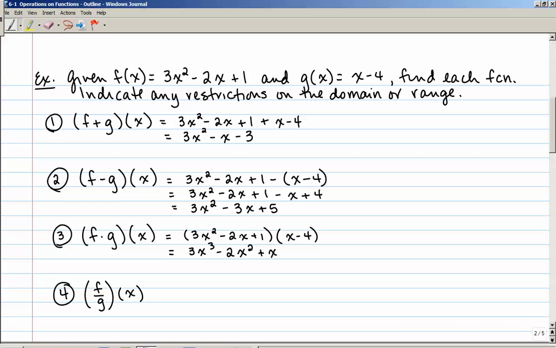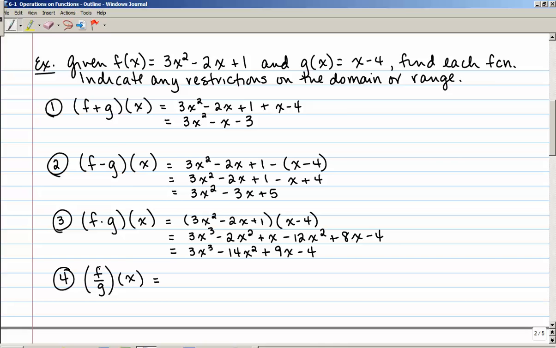Now I'll do negative 4 times each one of these. Negative 12x squared plus 8x minus 4. And now combine like terms, which will give me 3x cubed minus 14x squared plus 9x minus 4. So just multiply the two functions times each other.